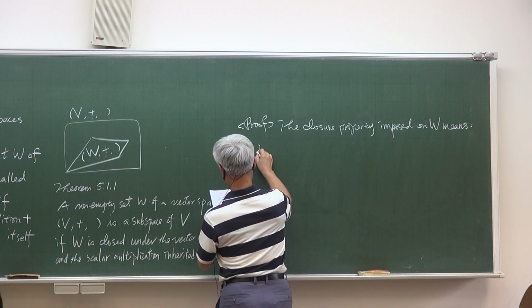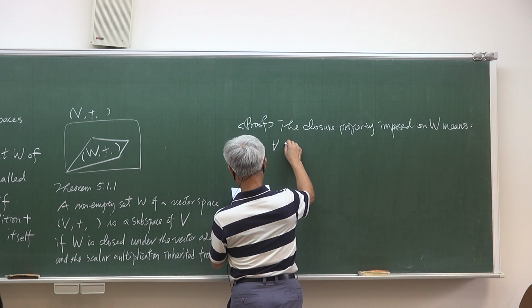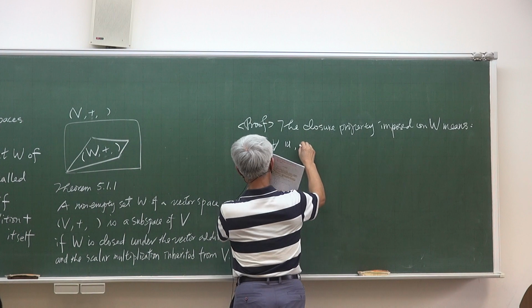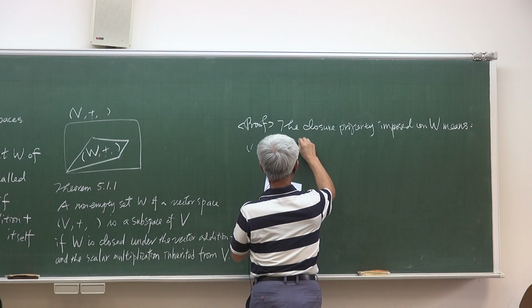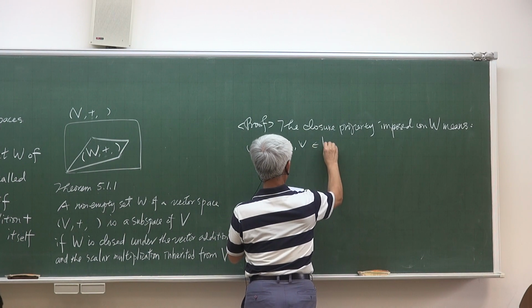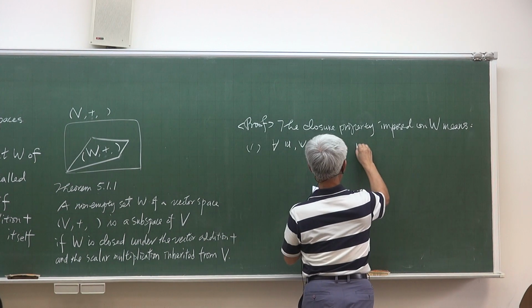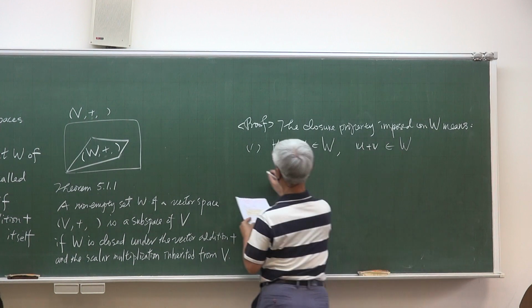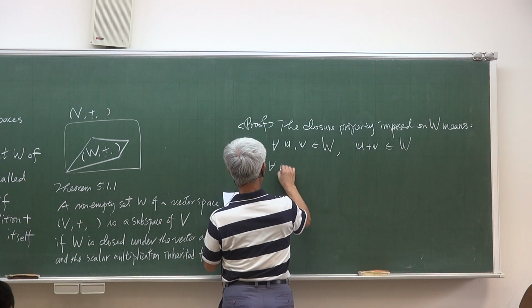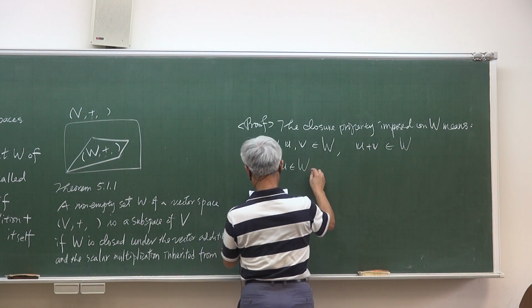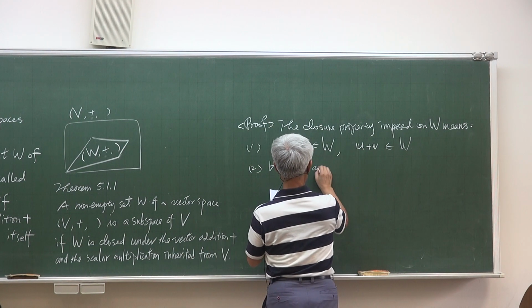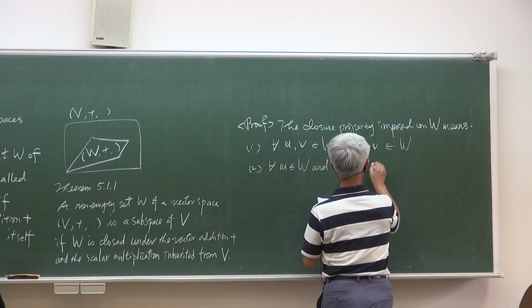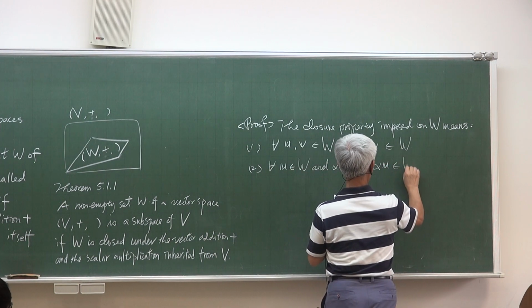One is that for all U and V in W, U plus V must also be in W. Second, for all U in W and alpha a real number, then alpha U should be in W.